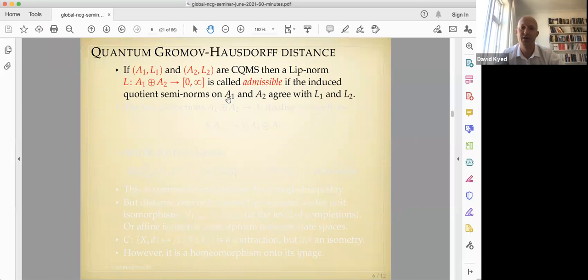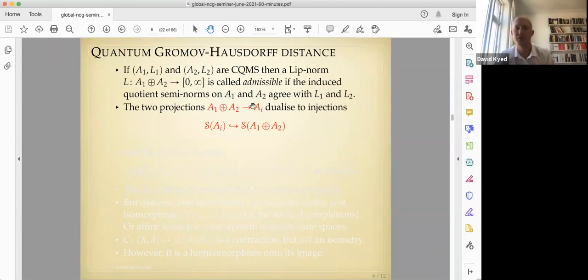And then Rieffel noticed that when you look at the two projections onto the two components, they will of course dualize to injections at the level of state spaces. And if your semi-norm L up here on the direct sum is admissible, this becomes an isometric embedding for the metric on the state space coming from L1 into the metric on the state space of the direct sum coming from this L guy.